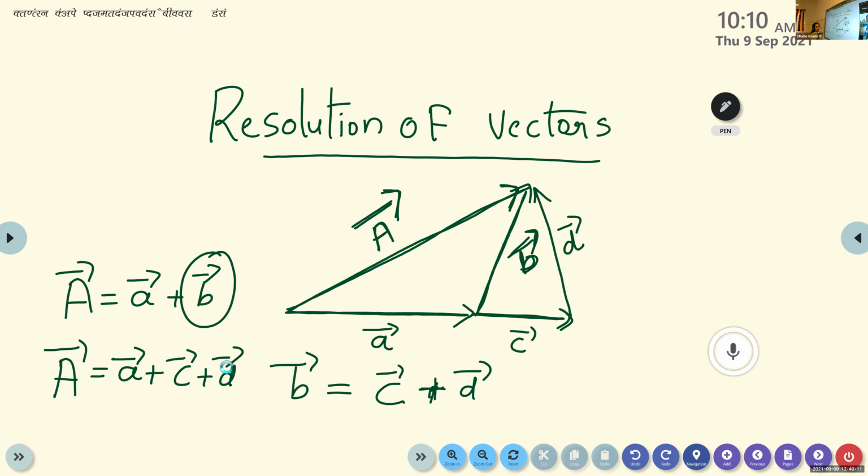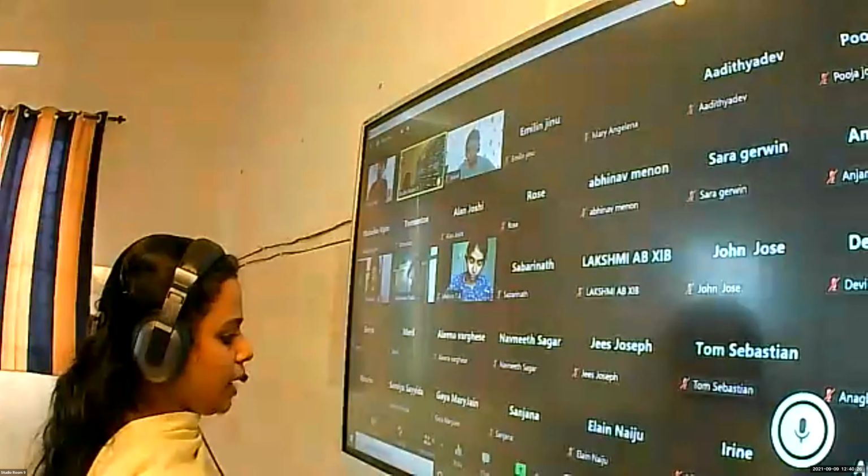So the same vector A is again divided into three components. In the first case, we divided it into two components. Now in the second case, we divide it into three components. Okay, children, now it's time. We can continue in the next period.